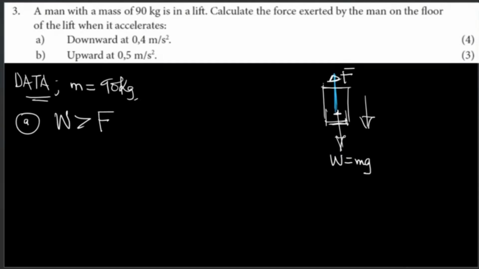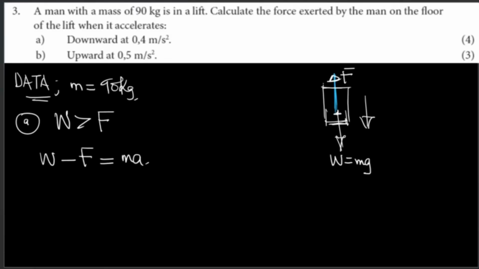So I can easily say that the weight minus the force equals ma, because it's accelerating downward, and accelerating force is mass times acceleration. So I can write this as W minus F equals mass times acceleration.